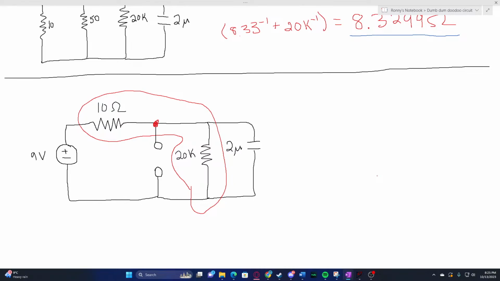Such a minuscule difference, it doesn't matter. So obviously, they're not getting 5 volts from that.